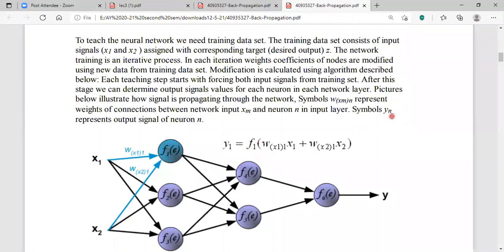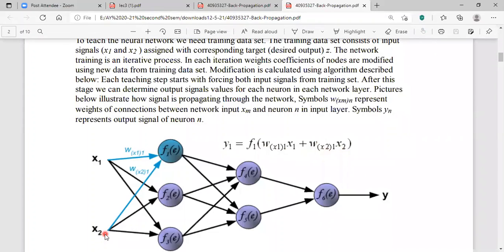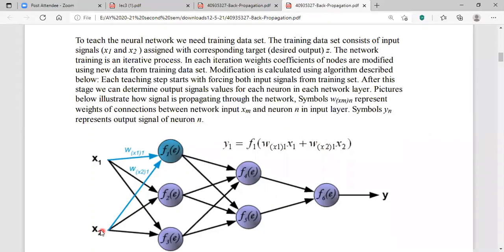So Yn, where n indicates the output signal of neuron 1, is F1 of WX11 into X1 plus WX21 into X2, because the signal is being transmitted from the second input to the first neuron, WX21.